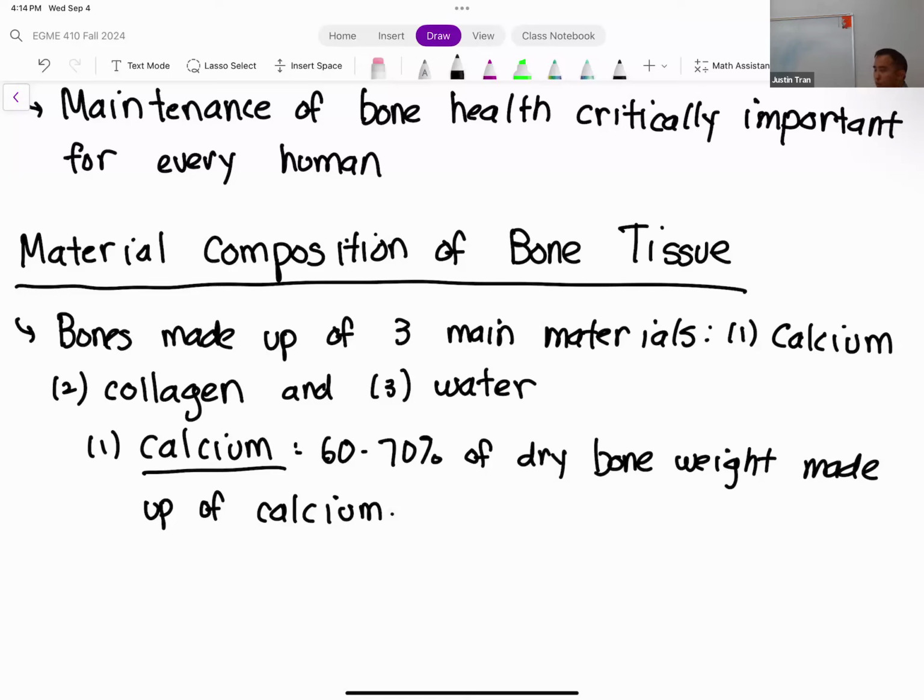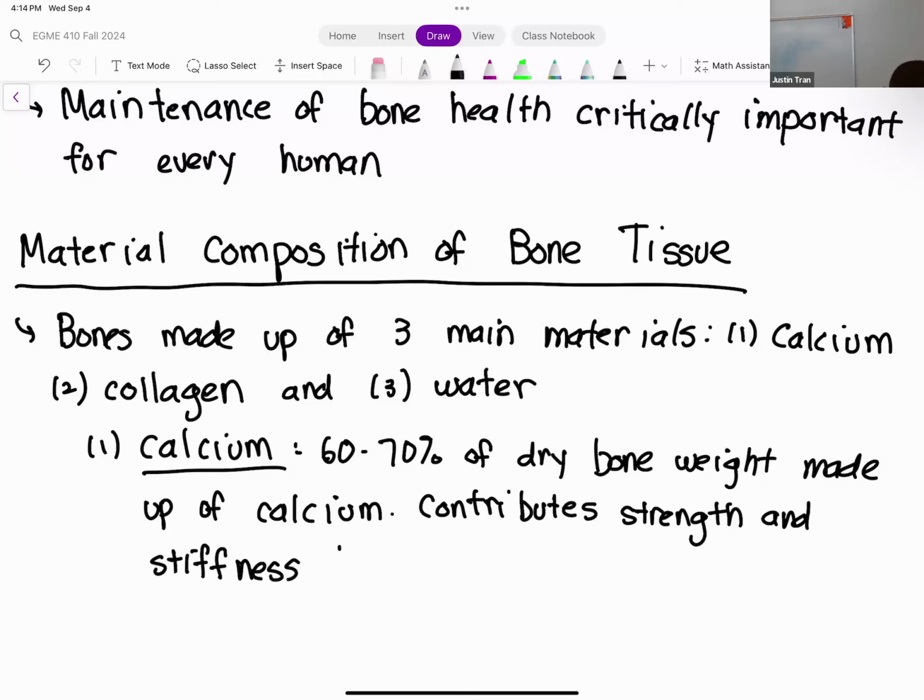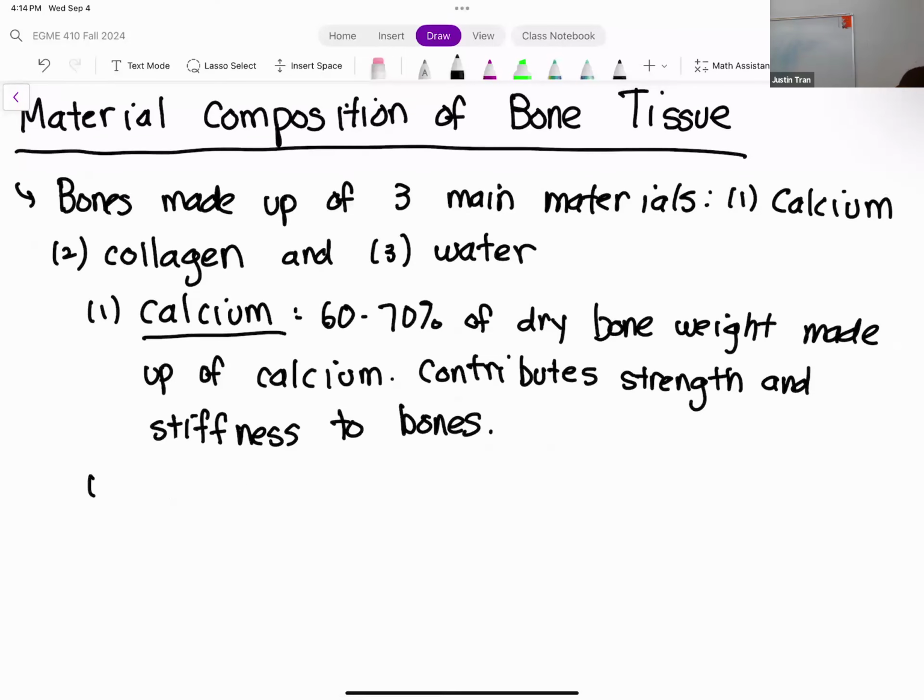So like I mentioned, calcium is where bones derive most of their strength. So that was pretty straightforward. Okay.